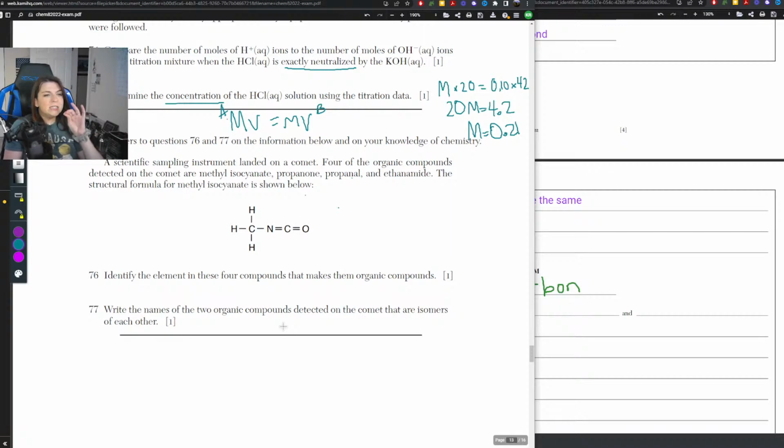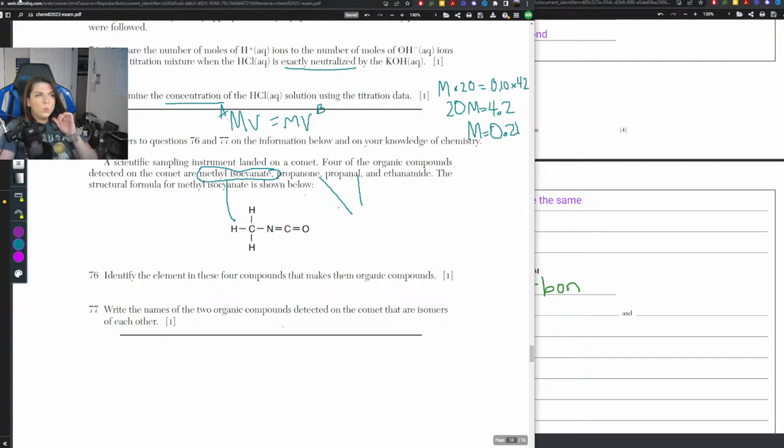Okay, this one I think is an interesting question. I don't love it. Okay. Methyl isocyanate is this one. Then we have propanone and propanal.